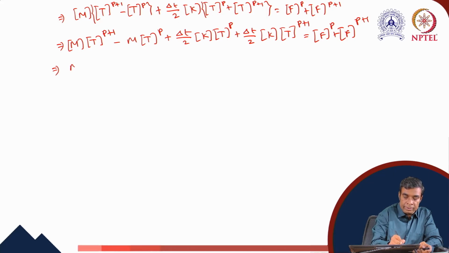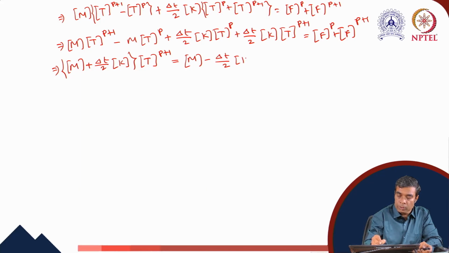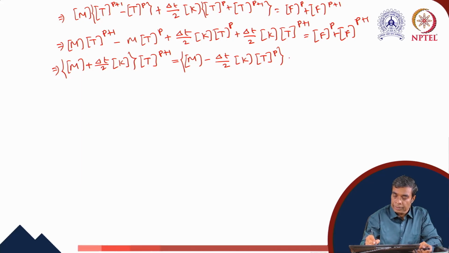This can be written as the mass matrix plus delta T by 2 into the stiffness matrix into temperature at the p plus 1th level equals the mass matrix minus delta T by 2 into the stiffness matrix into temperature at the pth level plus the load vector at the pth level plus the load vector at the p plus 1th level.